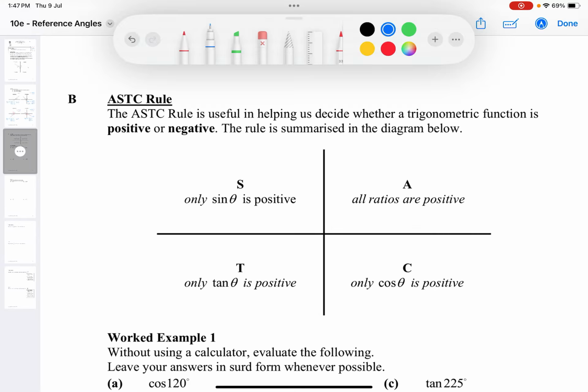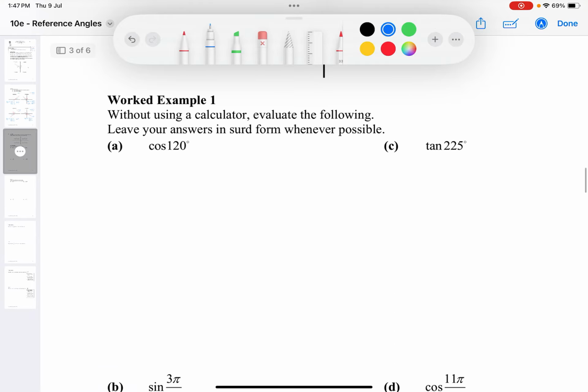Example 1 says without the use of a calculator, so that means working must be shown. Show relevant working. You're asked to evaluate the following, leaving your answers in surds wherever possible.